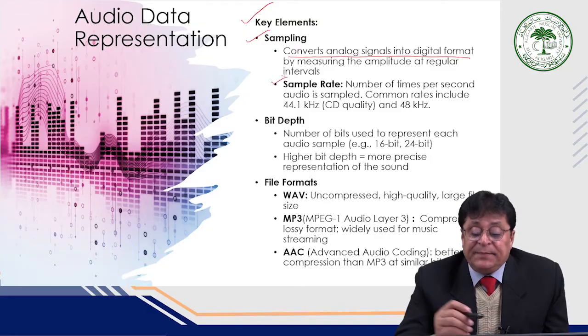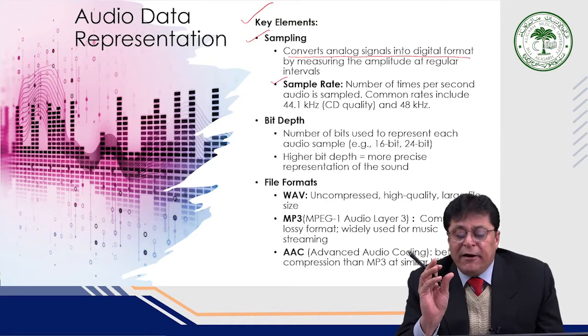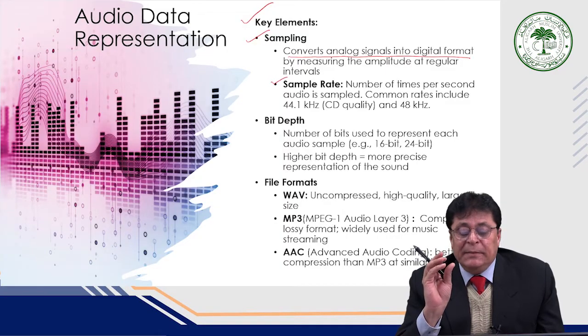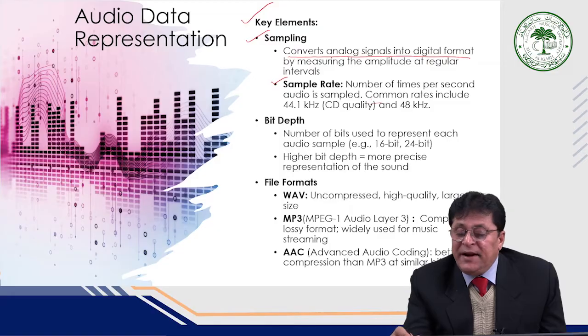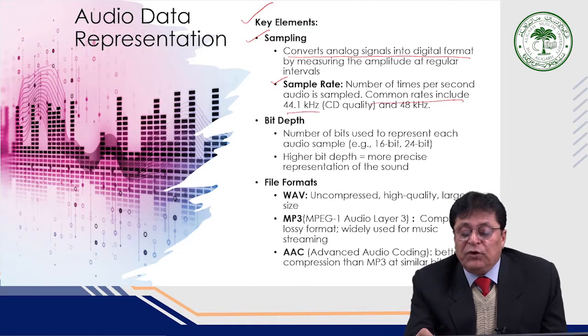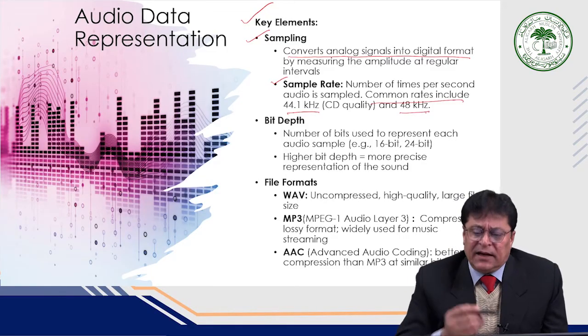Another important concept is sample rate. Sample rate is the number of times per second audio is sampled. The common rates include 44.1 kilohertz and 48 kilohertz. There are other sampling rates as well.